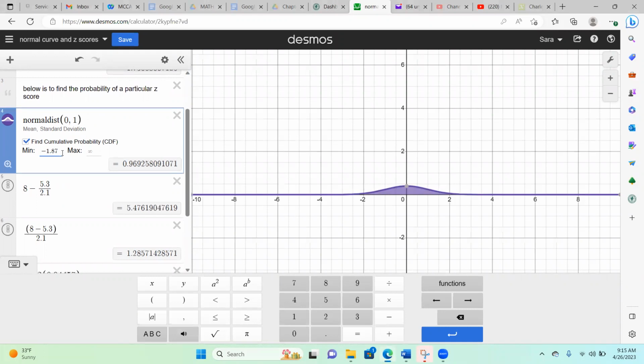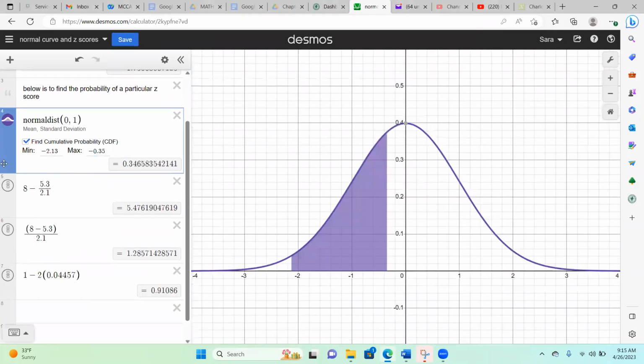And I want to find it between negative 2.13 up to negative 0.35. And I can just click on Zoom fit and I can see that this is exactly what I had drawn on my paper. So for number 6, part A, the probability is 0.3466 rounded to 4 decimal places.